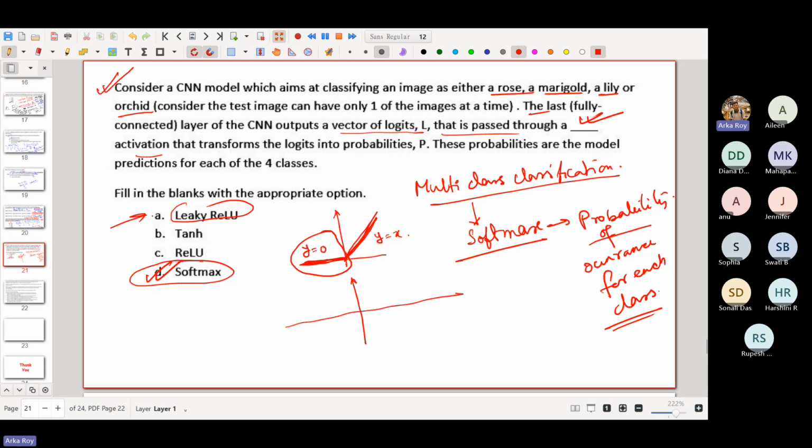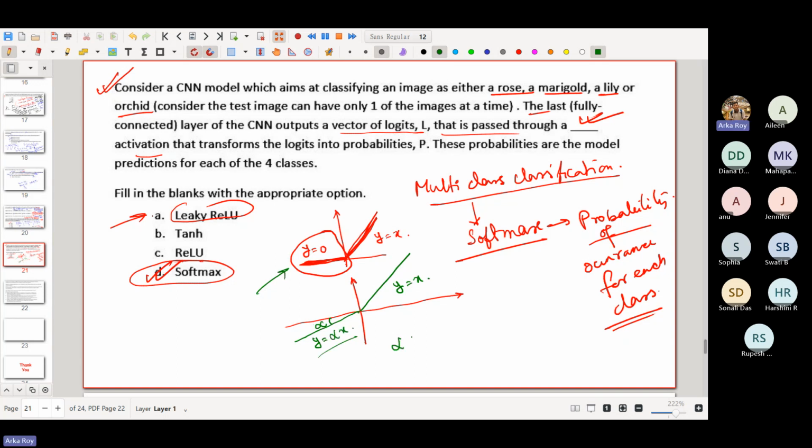But in case of leaky ReLU, what people suggested is that for the positive half side, obviously you will get some representation. But for the negative side, instead of thinking that there is no contribution, let us think that there is some contribution. This contribution is referred to by the hyperparameter alpha. So the equation will be y equals alpha times x.